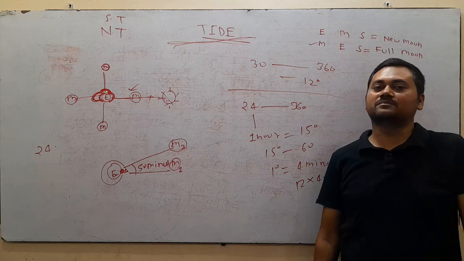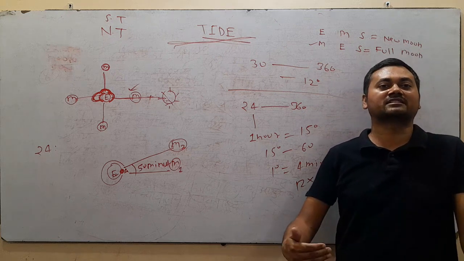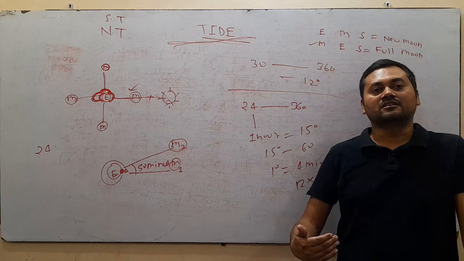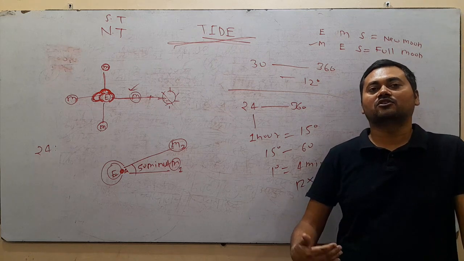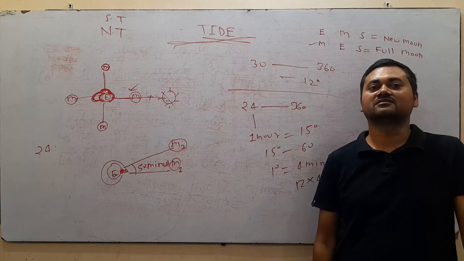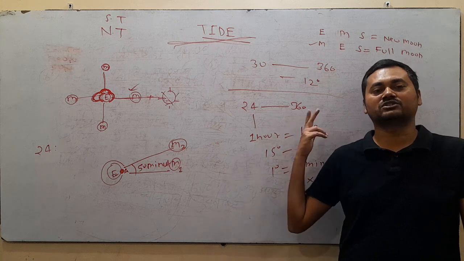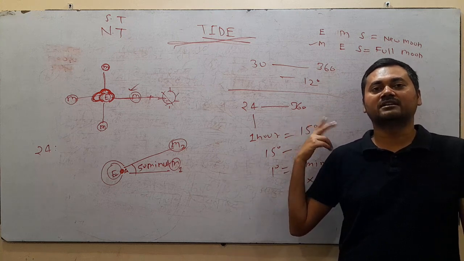So these are some significant points, or you can say the importance of this tidal energy which is generated because of the position of the sun, moon and the earth.